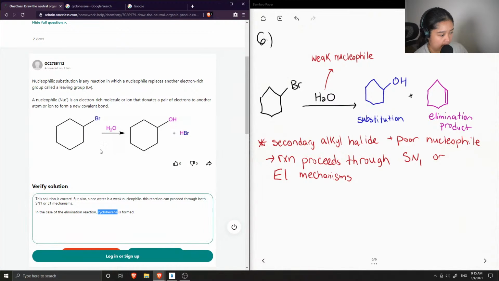Okay, so I said that in the case of the elimination reaction, cyclohexene is formed.